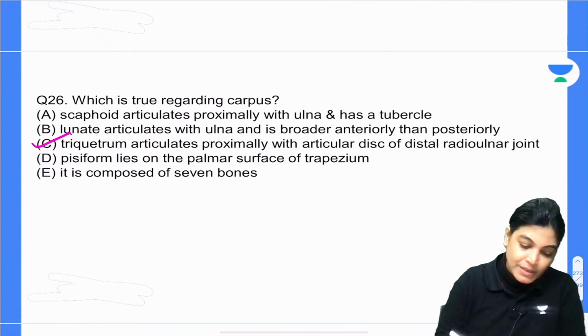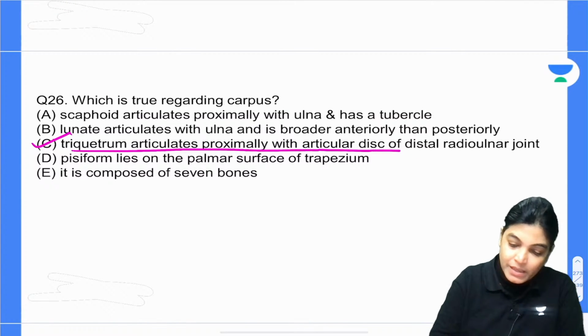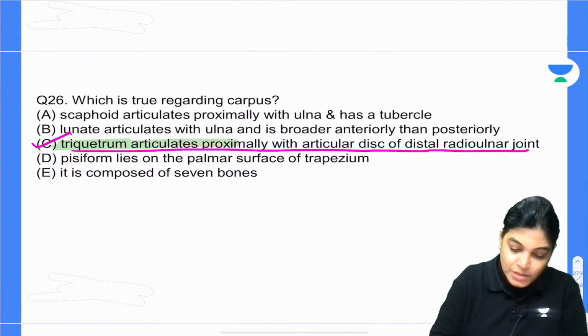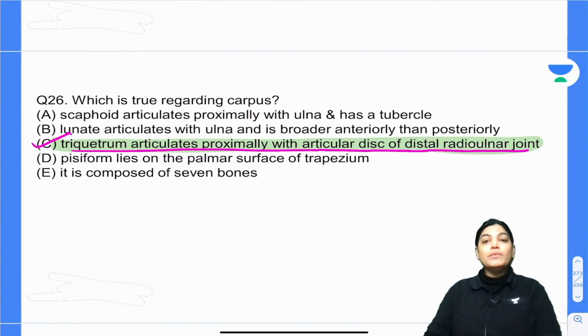So actually the correct statement is that triquetrum articulates proximally with the articular disc of distal radioulnar joint. So we have got C as the correct answer. Option C is perfectly correct. All other options are not correct.